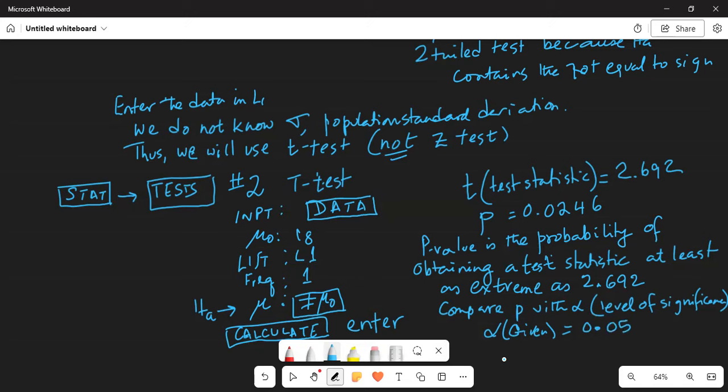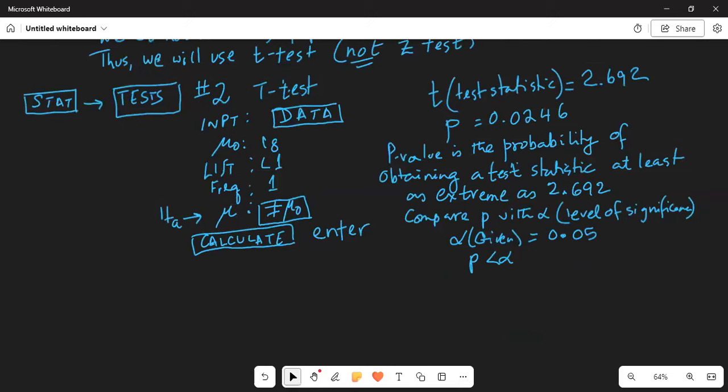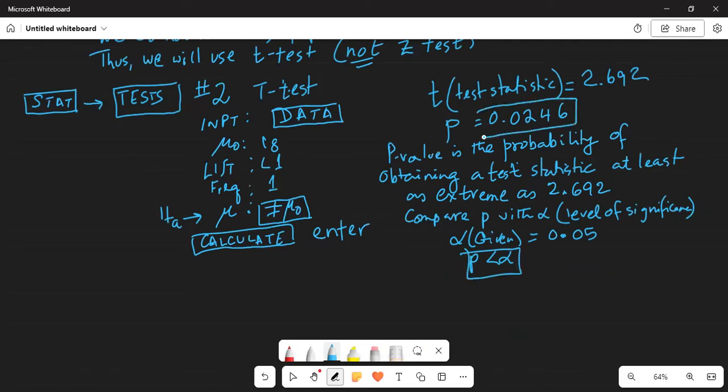So P is less than alpha, when P is 0.0246.